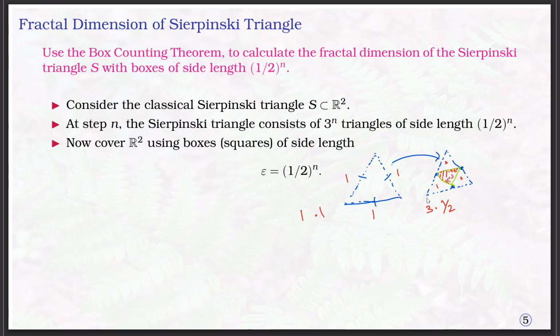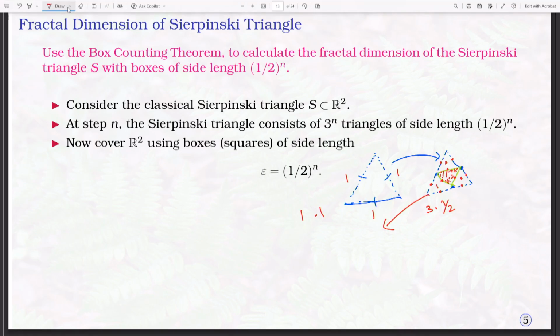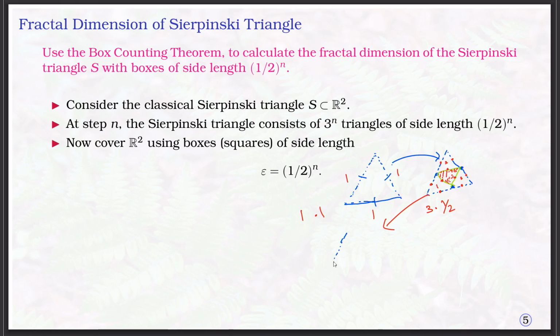Now applying the same process here, we need to divide each side of length 1 by 2, then connect the midpoints. Then one can get this type of triangle. So I am drawing here. This is the given equilateral triangle.